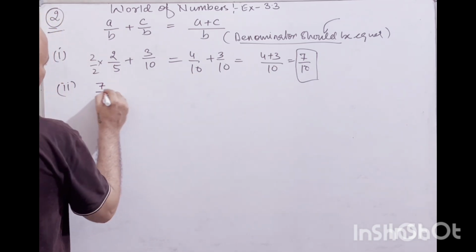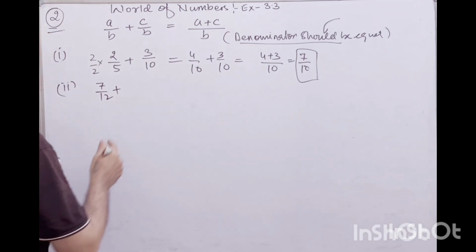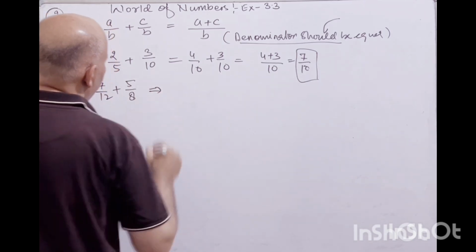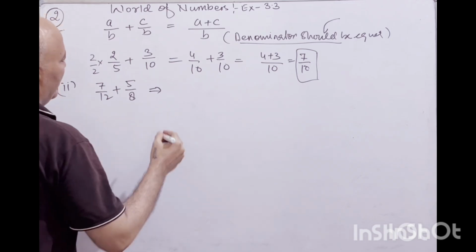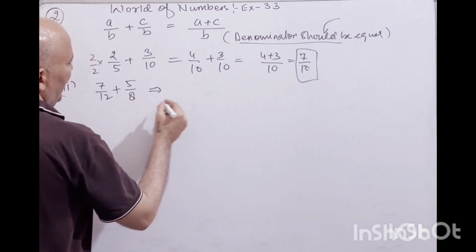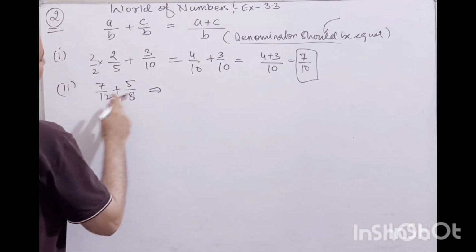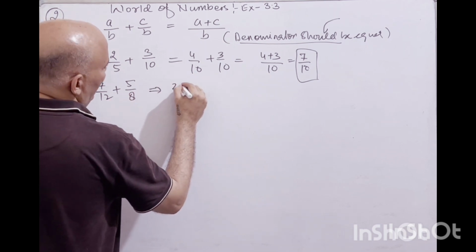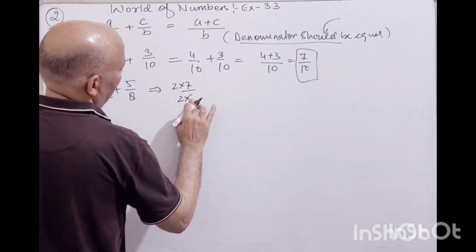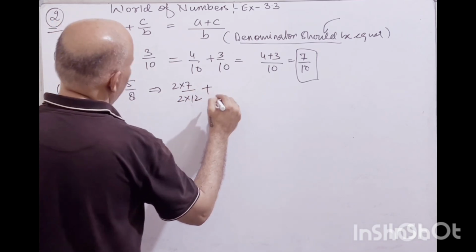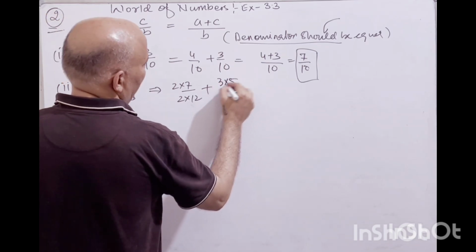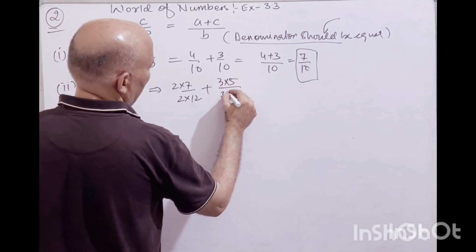Second one is 7 upon 12 plus 5 upon 8. So what we can do is, इसमें the nearest one is, what we can do, 24, right? 24 कर सकते हैं हम. So 24 करने के लिए इसको 2 multiply by 7 and 2 multiply by 12, right? And similarly here also 3 multiply by 5 upon 3 multiply by 8.